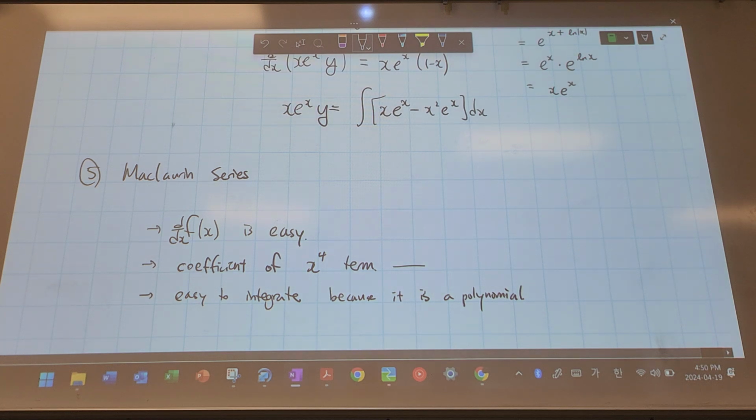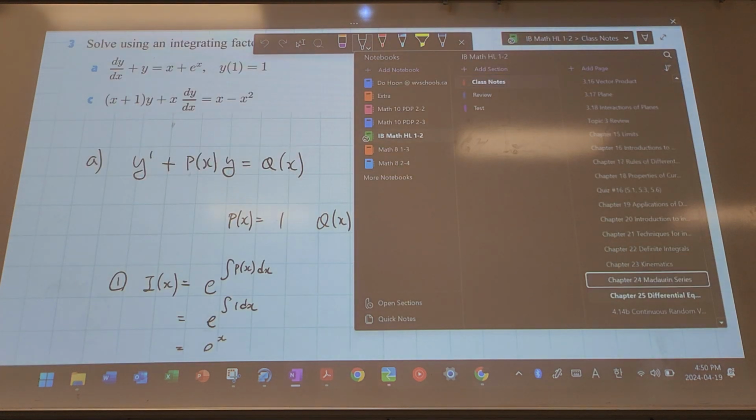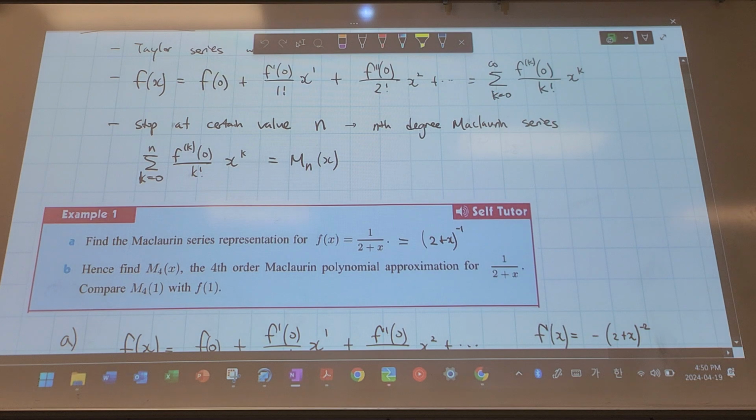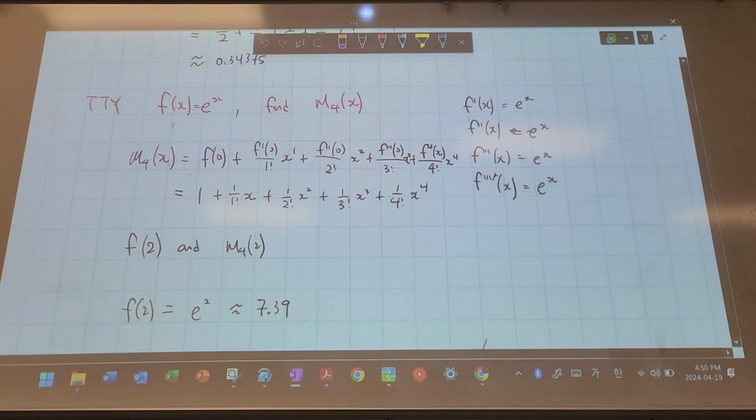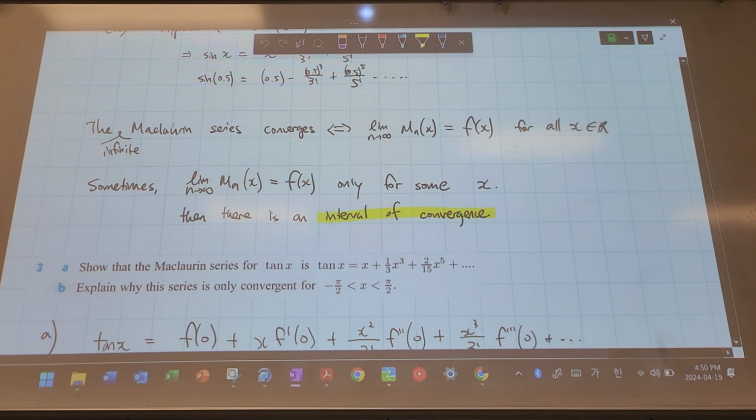And how do we find the convergence? The class notes for that. Do we need to know that? Yeah, it says IB exam loves the word convergence. So there's an interval of convergence, for some value of x.